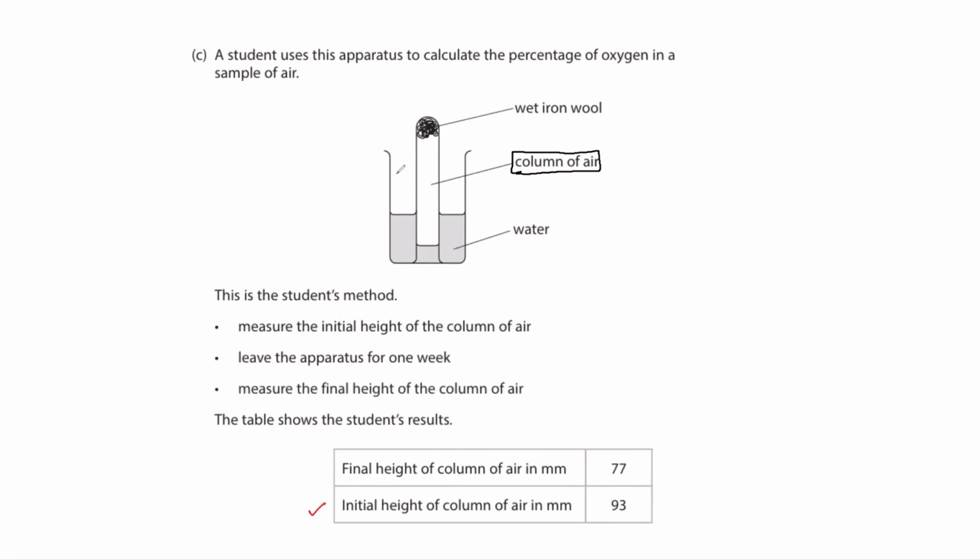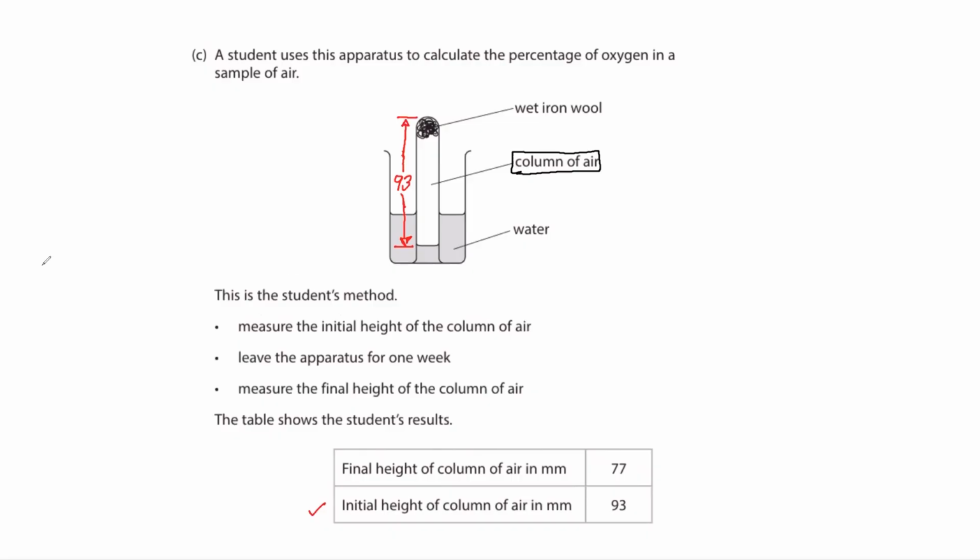Initial height means from here up to this level. What is the initial height? 93 millimeters.